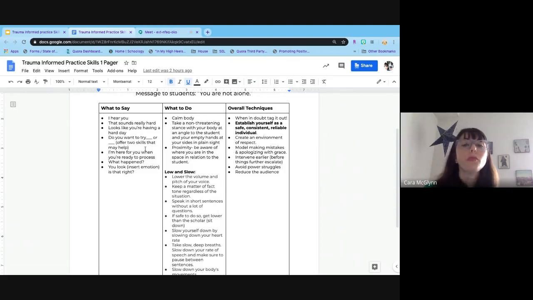Again, you're going to want to have a really calm body. So it's important to do a body scan of yourself throughout incidents every like 15 to 30 seconds when you're working with a student in crisis, just to make sure that your shoulders aren't up here because that can look threatening.